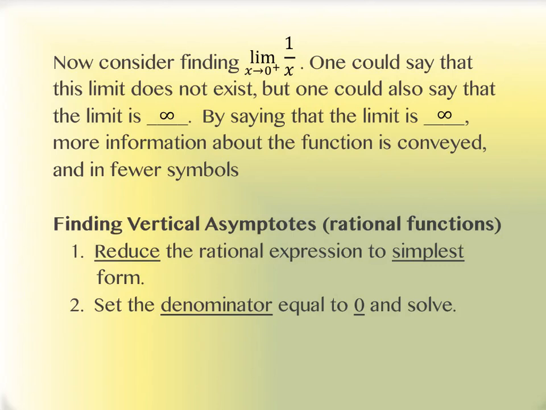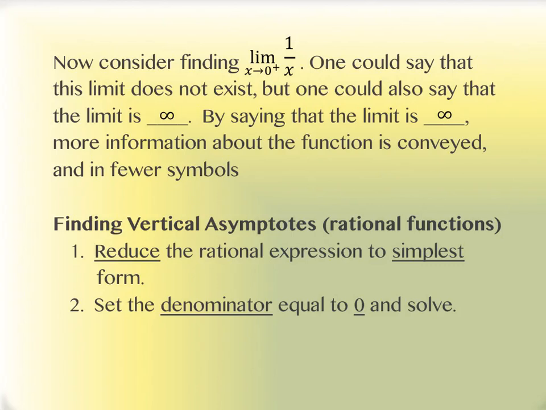All right, so thinking about graphs of rational functions, there are a couple of things from algebra that are going to be helpful for us, in particular finding those asymptotes that I just drew in there. We're going to talk about vertical asymptotes first because they're the easiest. Vertical asymptotes for rational functions are found by reducing the expression to simplest form and setting the denominator equal to 0 and solving.